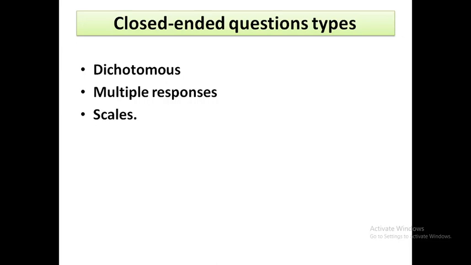In multiple response questions, there are more than two responses. For example, in which profession are you: teaching, medical, engineering, painting. Since there are more than two categories, it is called multiple response.